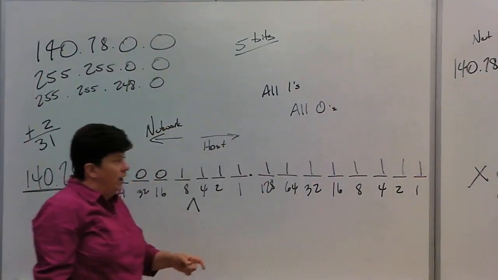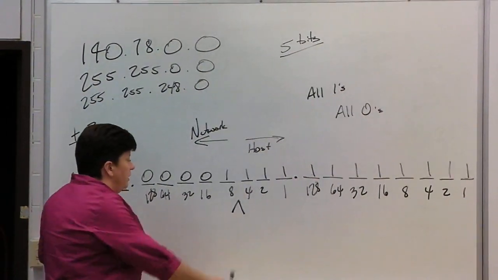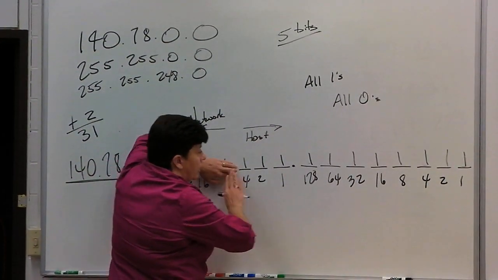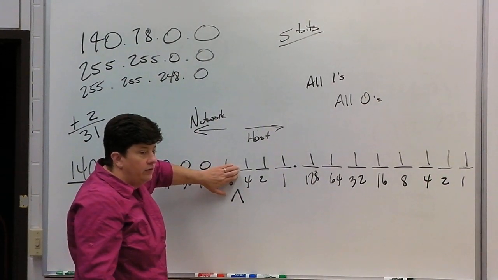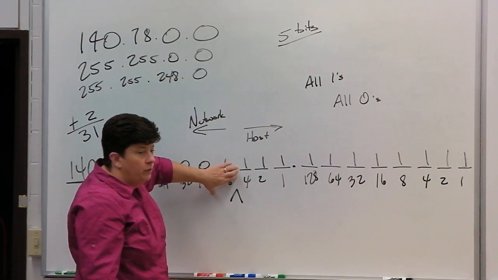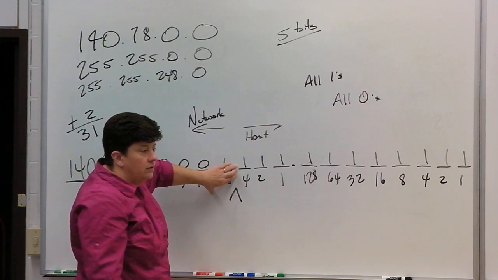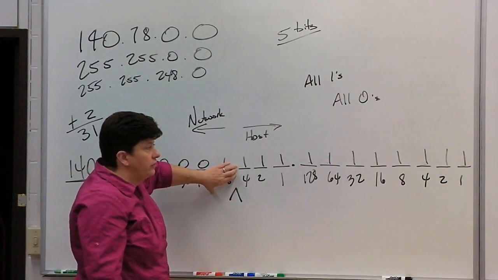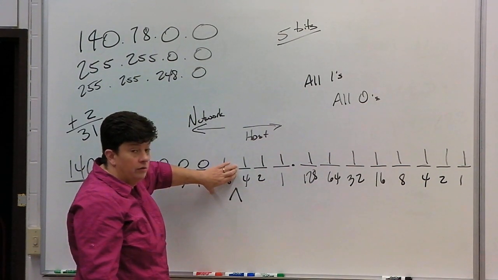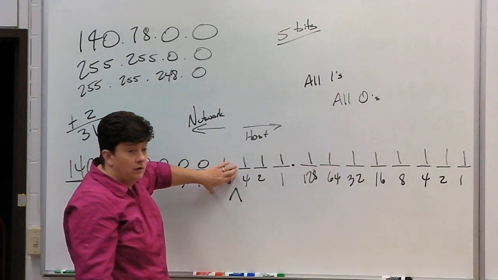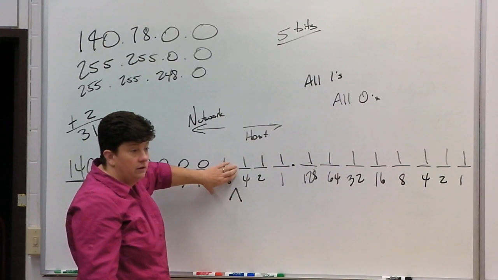Broadcast, all ones in the host portion. If this is my line, all of that is my host, right? And now I have all ones in my host portion. What does the broadcast address do? What does it talk to? All the ones that are in my network?